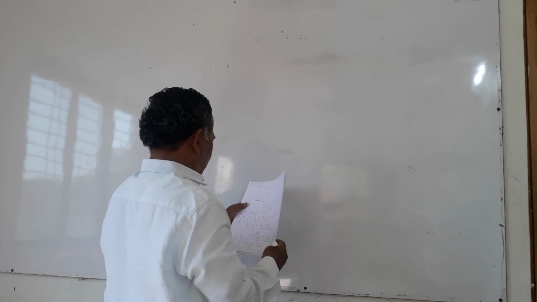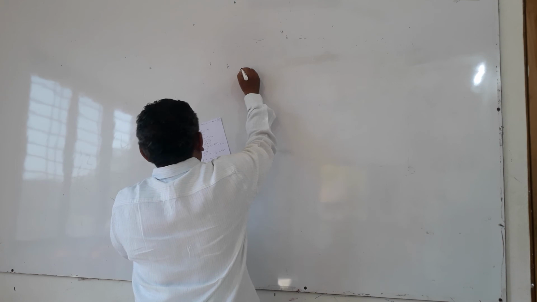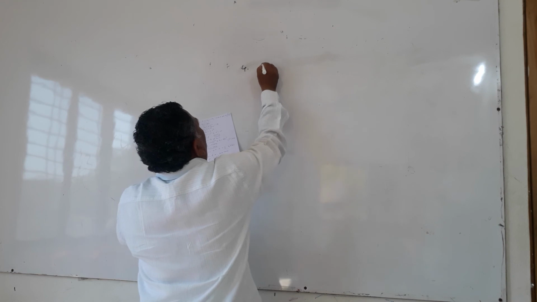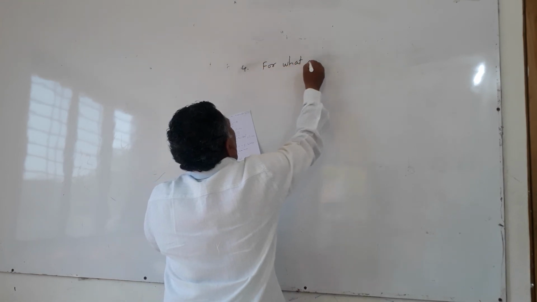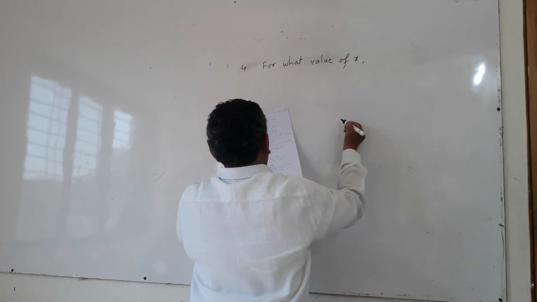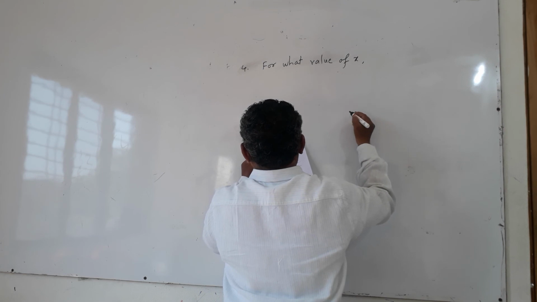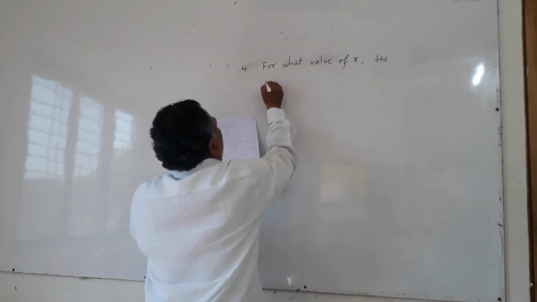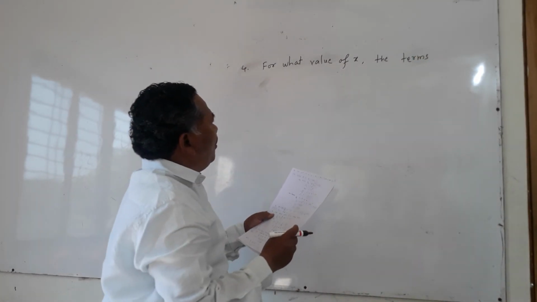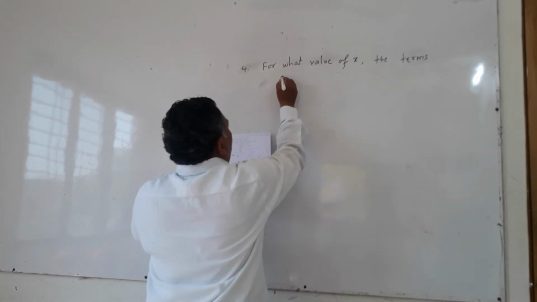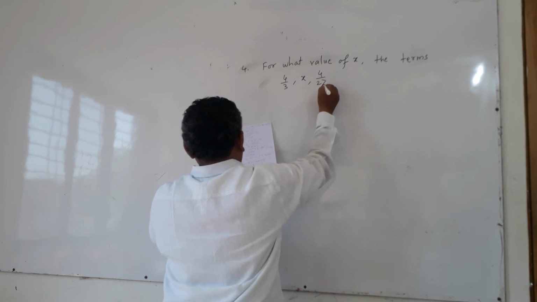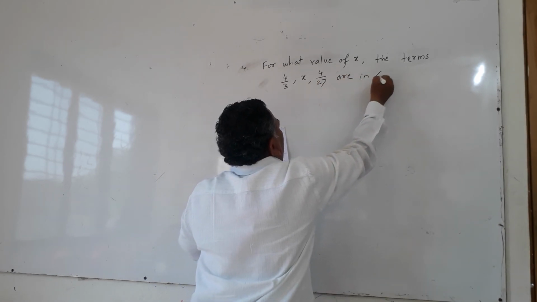For what value of x are the terms 4 upon 3, x, 4 upon 27 in GP?